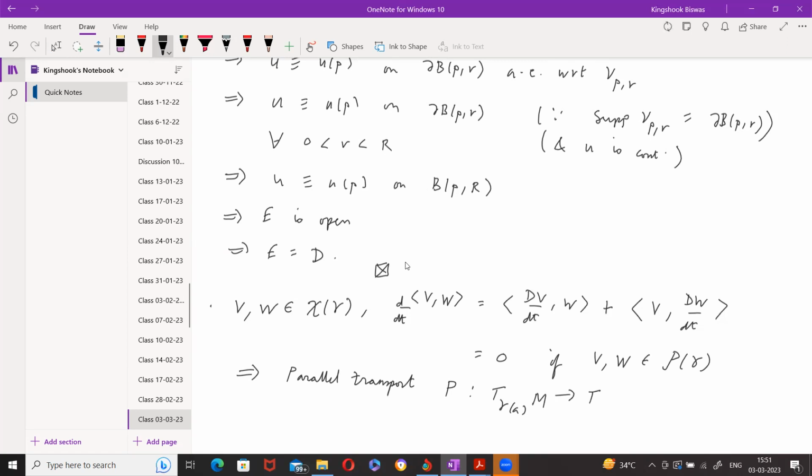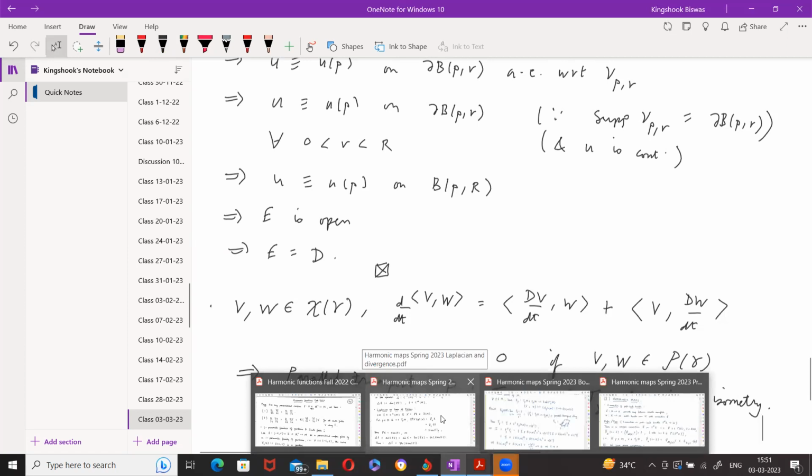Okay. So we know that parallel transport acts by isometries. This will imply that the curvature will be skew symmetric.